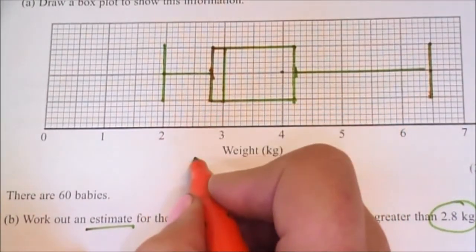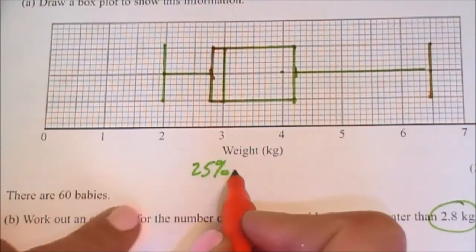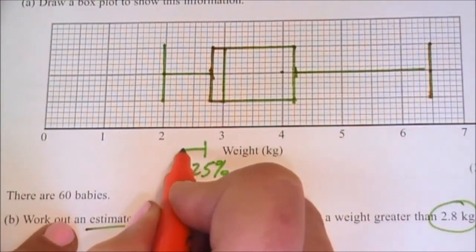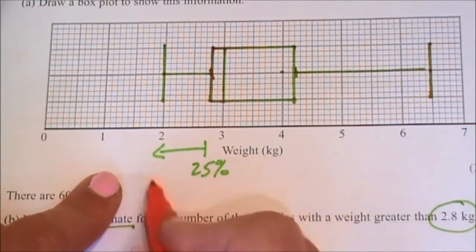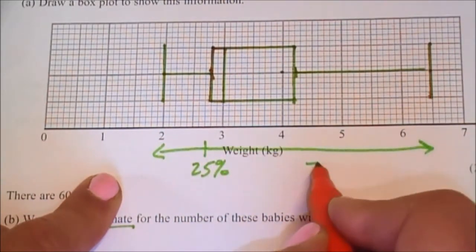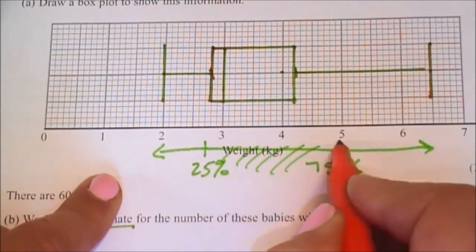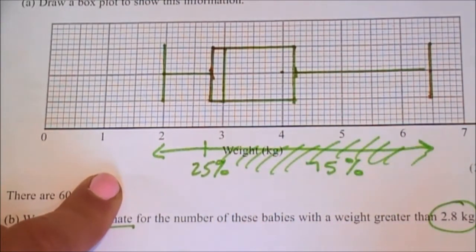So we want to know the babies with a weight greater than 2.8. If you consider that the lower quartile is 25% of all the weights, so anyone below 2.8 is 25%. So that means above 2.8, we've got 75% of all of the people asked. So they're all above 2.8.